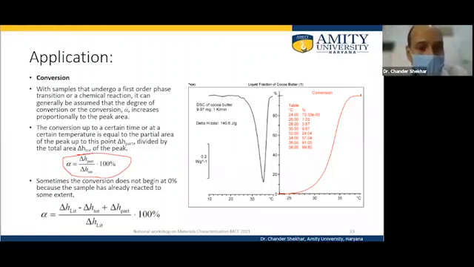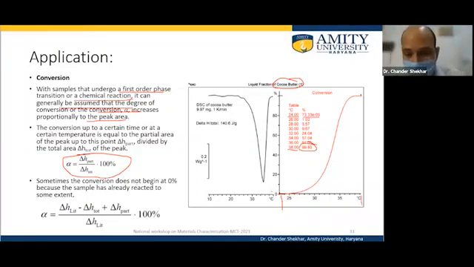Whether there is a first order transition or chemical reaction, that generally can be determined by what is known as the conversion, and this conversion is proportional to peak area. For example, the image on the right gives the liquid fraction of, say, cocoa butter. As a function of temperature, at 24 degrees centigrade a very small fraction is converted, but up to 38 degrees centigrade, almost 99% of the reaction has occurred.